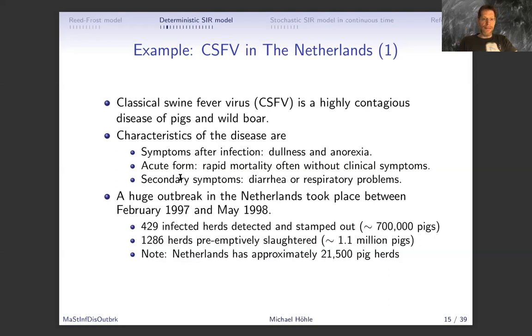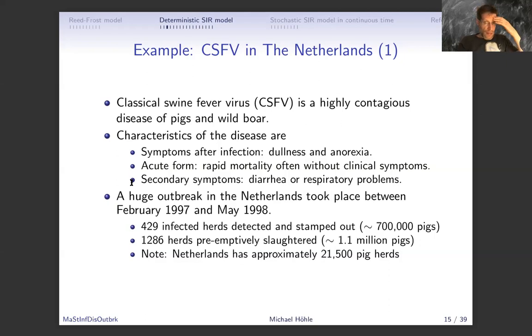Secondary symptoms are diarrhea and respiratory problems. So you can say for pig production, such a disease is a huge problem, and the question is how you can try to control such outbreaks once they occur. And in fact, you try really hard to minimize that you have such outbreaks.